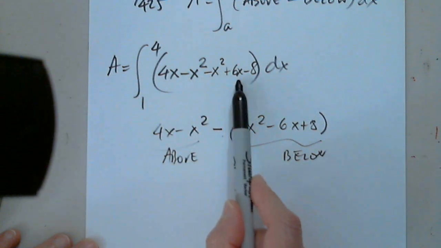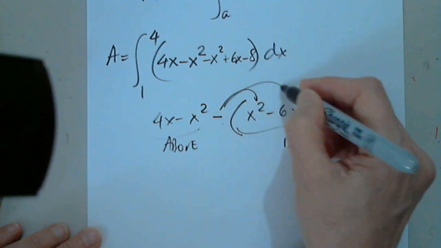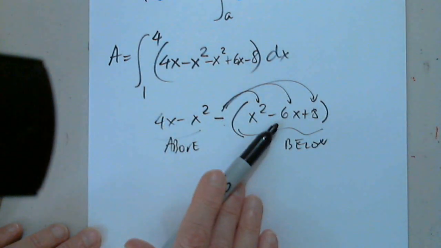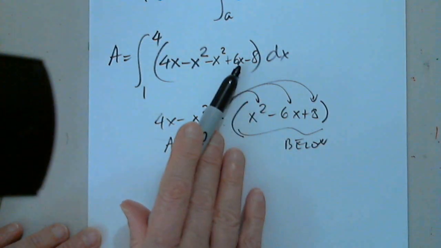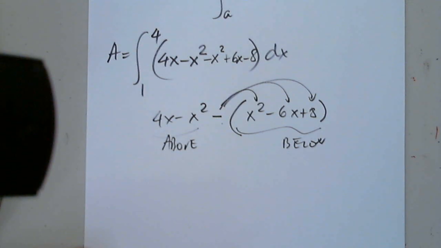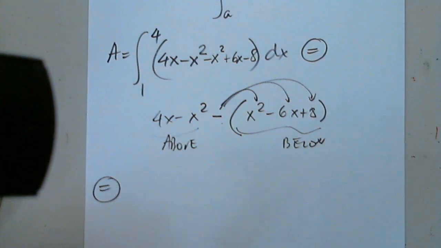These two plus 10x minus 8. So this, because remember we have to distribute to all three terms. That's why we wrote negative x squared, but positive 6x and minus 8. Is this understood? Is this step clear to everyone? Yes? Okay, awesome.